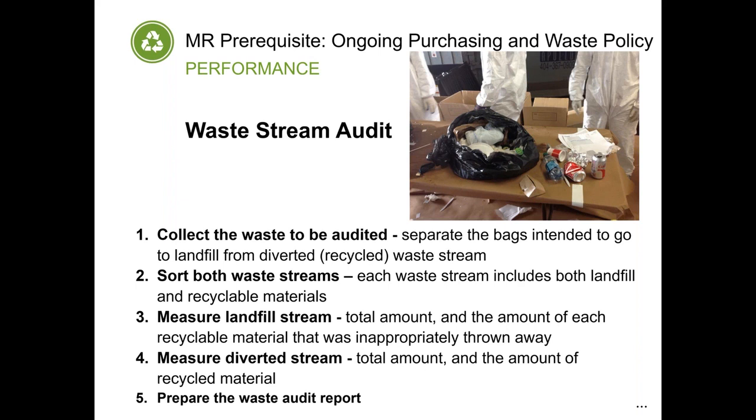Those easily recyclable materials, and then perhaps organics or electronics. All of those items are sorted in both your waste and your recycling stream. So essentially, at the end of the day, what you find is the amount of waste that was recycled successfully, and then the amount of waste that could have been recycled but was thrown in the trash.